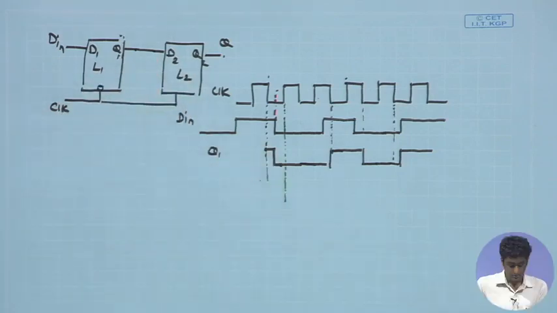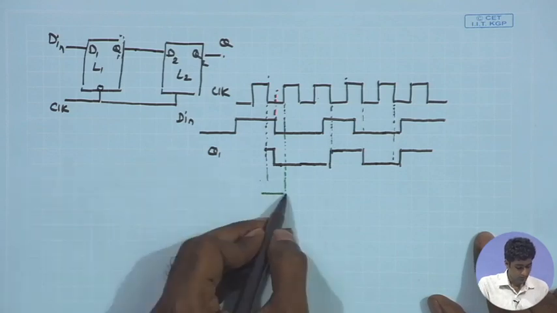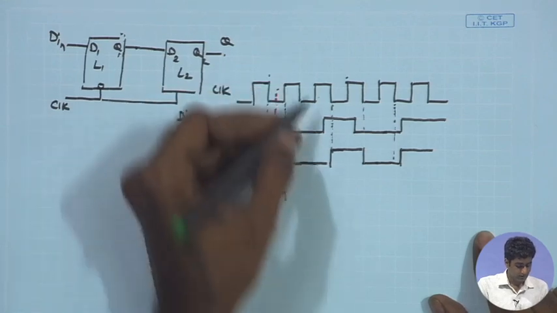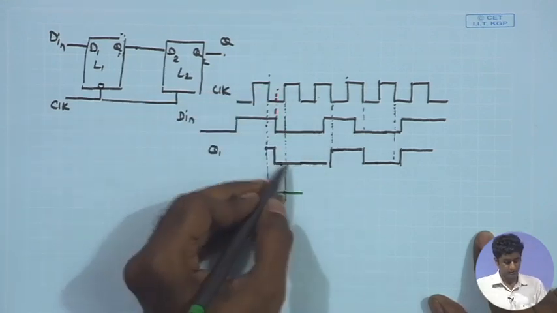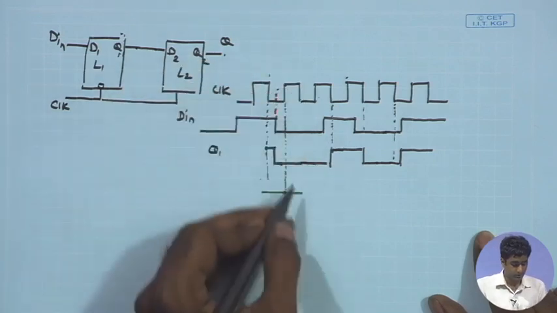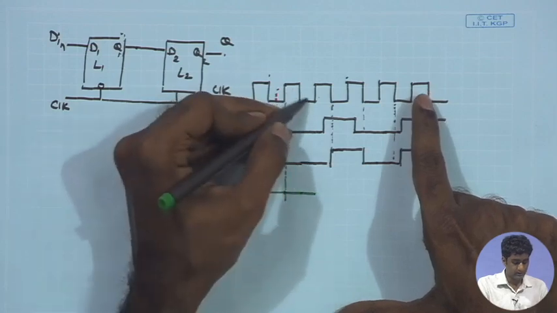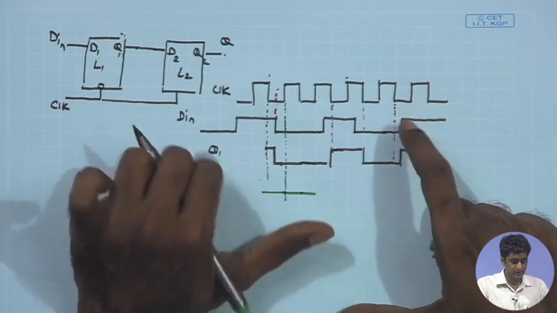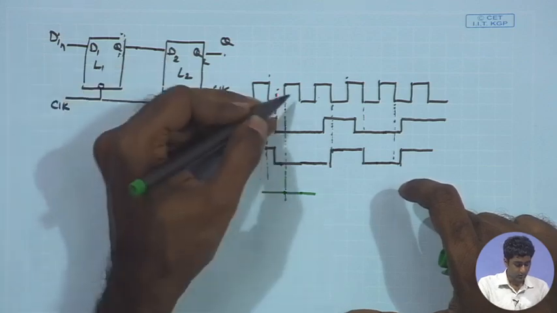As a result, we will have the Q2 remaining low at this point. So, this entire duration it remains low, Q1 is low, therefore, for this entire duration it will be going low, and then when the clock becomes low again, definitely it is going to lose transparency, and whatever data was available at the falling edge of the clock, it will retain that.